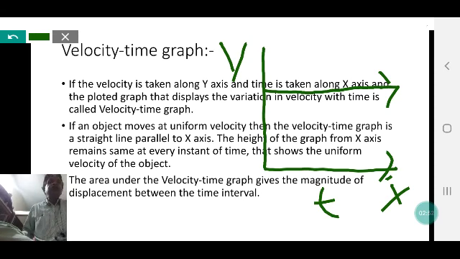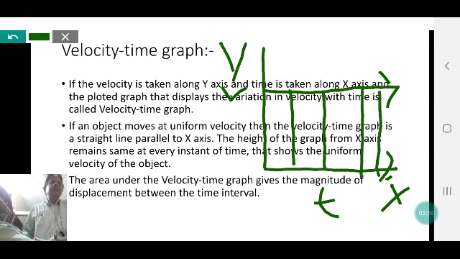The velocity does not vary as time passes, as the distance between the graph and the time axis is constant. So this graph shows the object is moving with constant velocity. That will be discussed in this video.